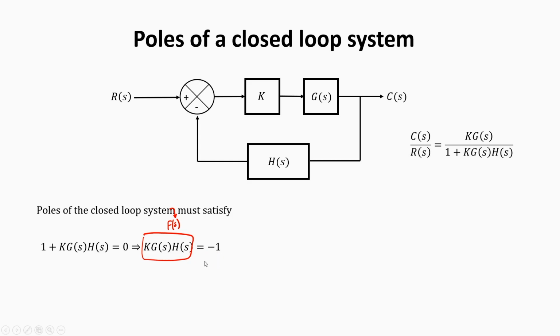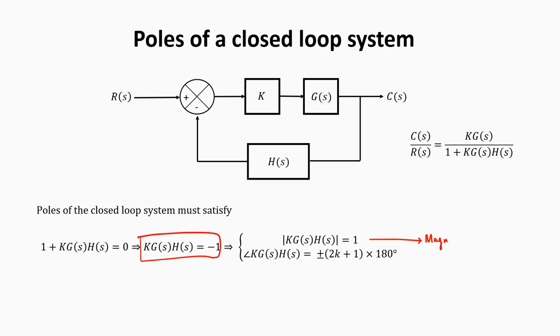And minus 1 can be written as magnitude 1 and angle (2k plus 1) into 180 degree, right, if I write it in magnitude and phase form or angle form. So, basically the question that we are asking is, what are the points we should put here that will result in magnitude 1 and phase angle of odd multiple of 180 degree. This is called magnitude criteria and this is called angle criteria.